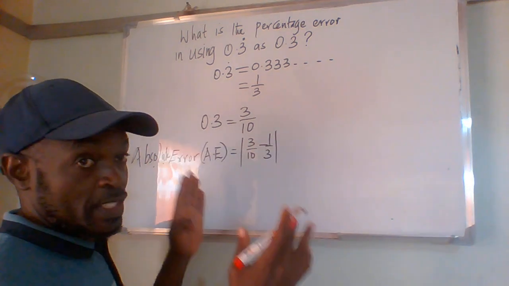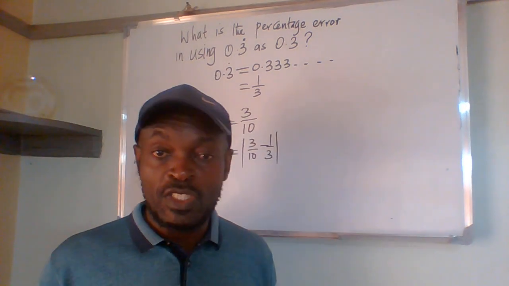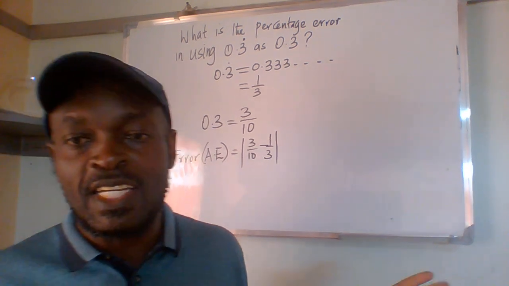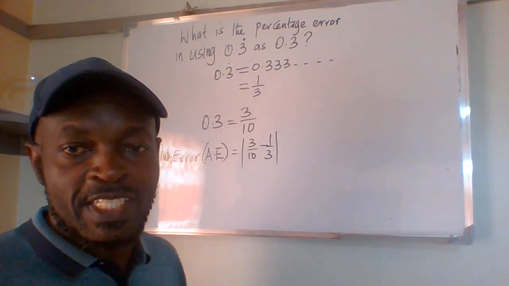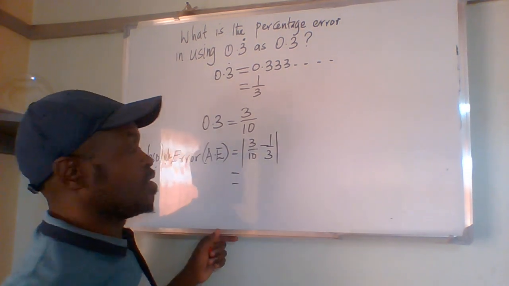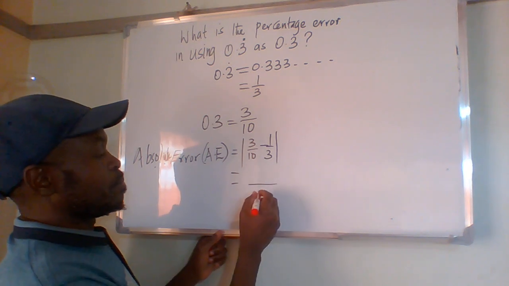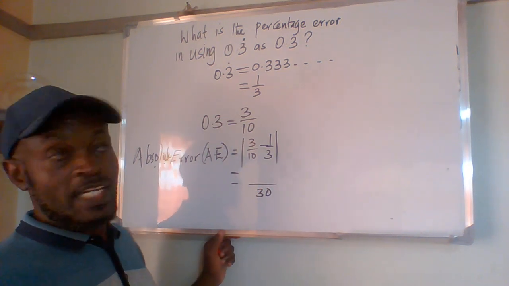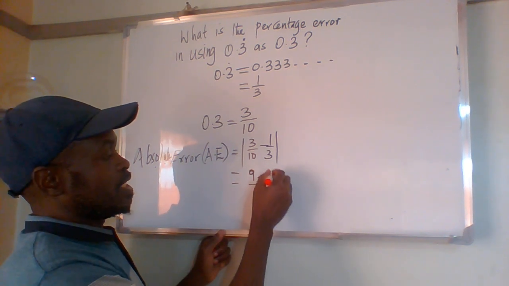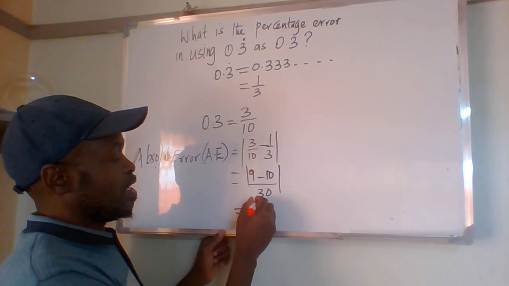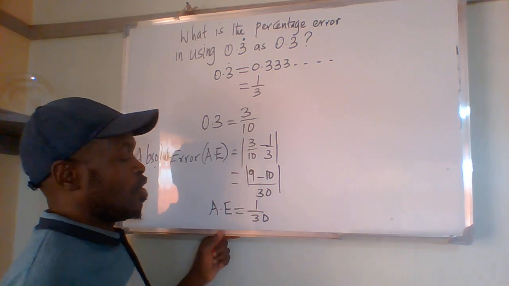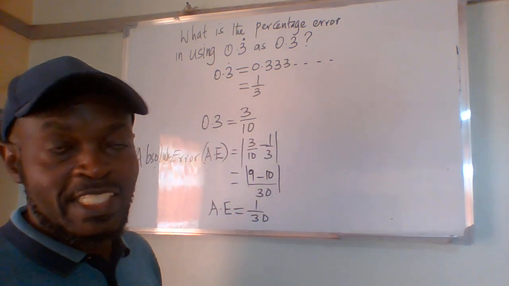We put it between parallel lines to show that we're only interested in the positive value, not whether it is negative or positive. If you do your calculation, our LCM is 30, so we'll have 10 minus 9 absolute, that is 1 over 30. The absolute error is 1 over 30.